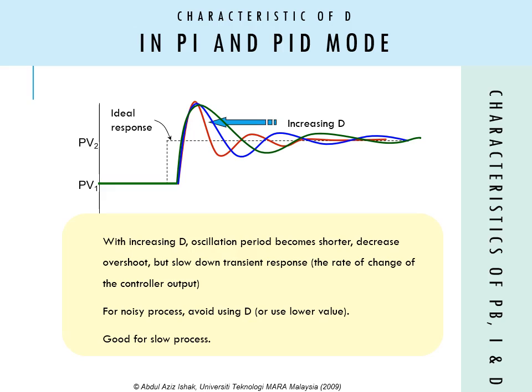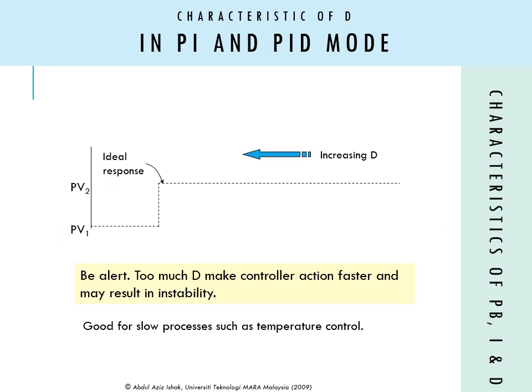For a noisy process, we need to avoid using the D term in a PID controller, or in other words, we need to use a lower value of D. In contrast, the D term of a PID controller is good for slow processes like the temperature controller.